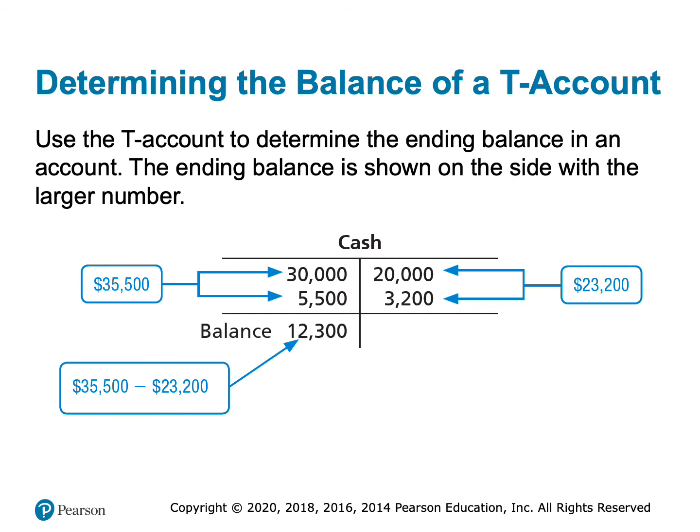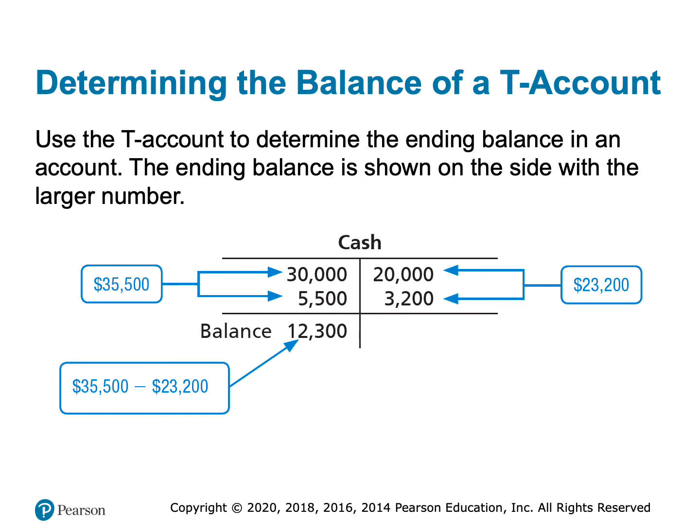So now I can look at the overall cash balance. You can see we've done a few more transactions here. I have debits, which are increases to the cash account, that total $35,500. I have credits, which are decreases to the cash account, that total $23,200. To find the balance in the account, I take the difference between the total debits and the total credits, and I put the difference on the largest side.